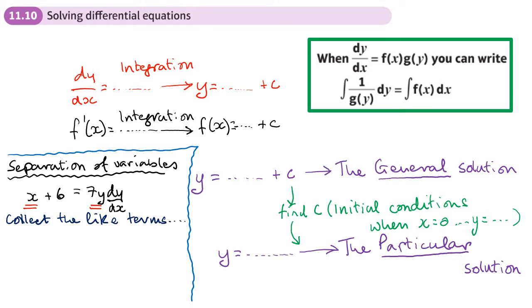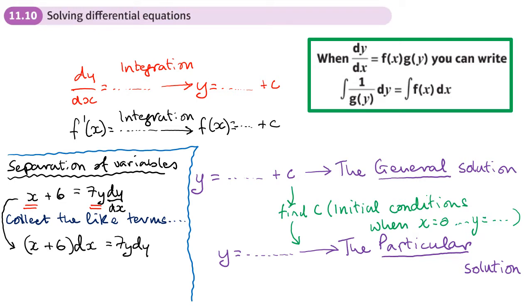So if I was to do that with this question that I've just made up, I'd need to multiply both sides by dx. We treat it like a fraction, so I'd have something like x plus 6 dx equals 7y dy.